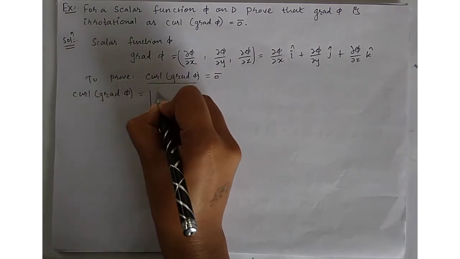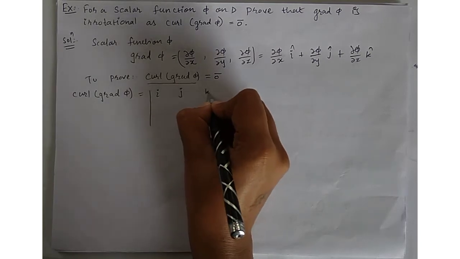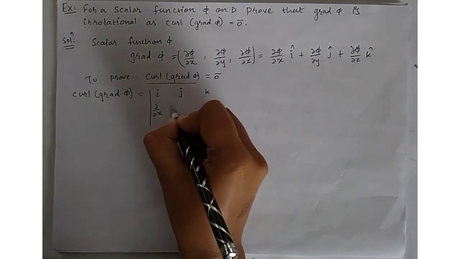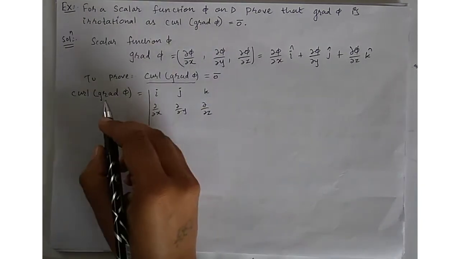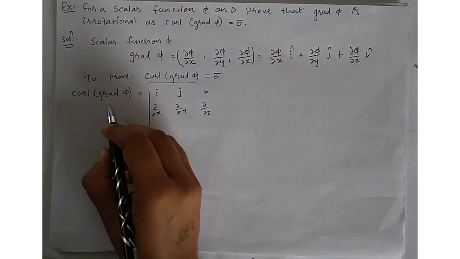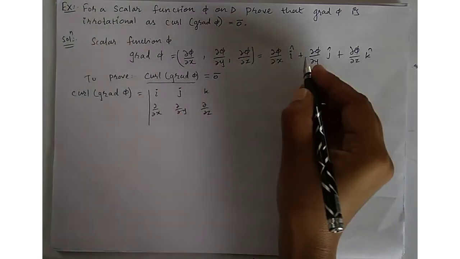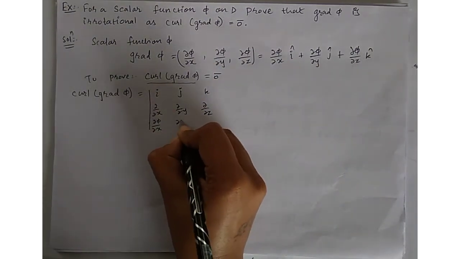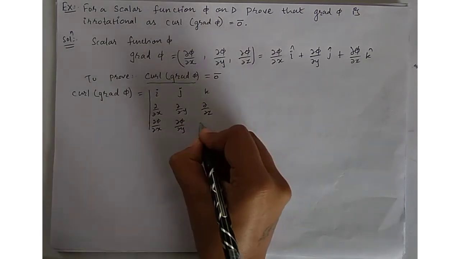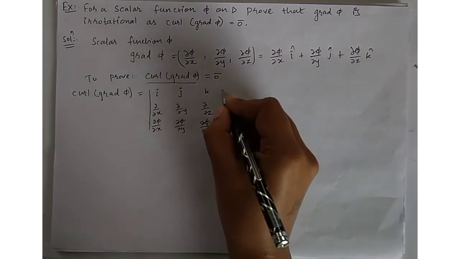That is the determinant of i, j, k, del by del x, del by del y, del by del z, and put the components of this function, that is del phi by del x, del phi by del y, and del phi by del z.